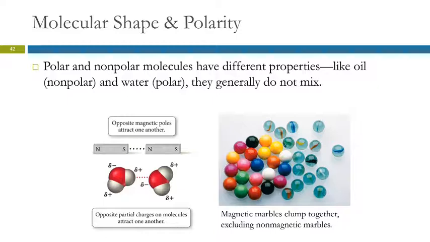So they're attracted to each other, and they're going to stick together a little bit. Not a lot, but a little bit, and definitely more than a nonpolar molecule like an oil molecule that has no positive and negative end, and so there's no opposite charges to attract. So water molecules act like magnetic marbles.